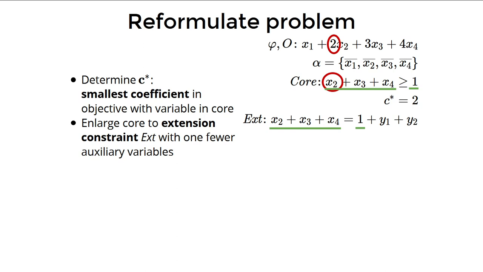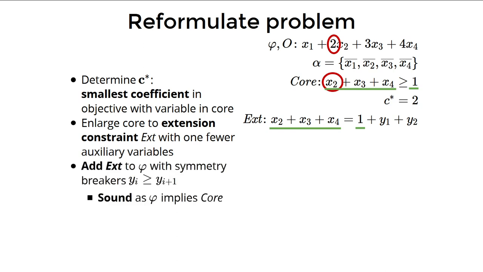In our example, we know that the sum of x2, x3, and x4 will always be at least 1. That's what the core enforces. And at most 3. So adding 2 fresh variables is enough. As a result, the extension constraint does not cut away any solutions and can soundly be added to the formula, together with a simple symmetry breaker on the fresh variables.